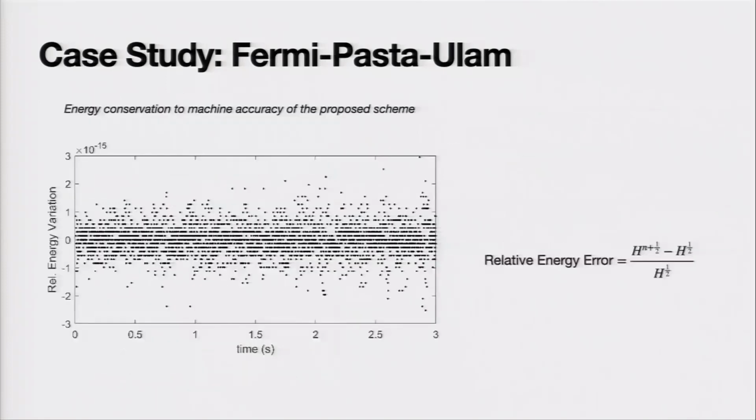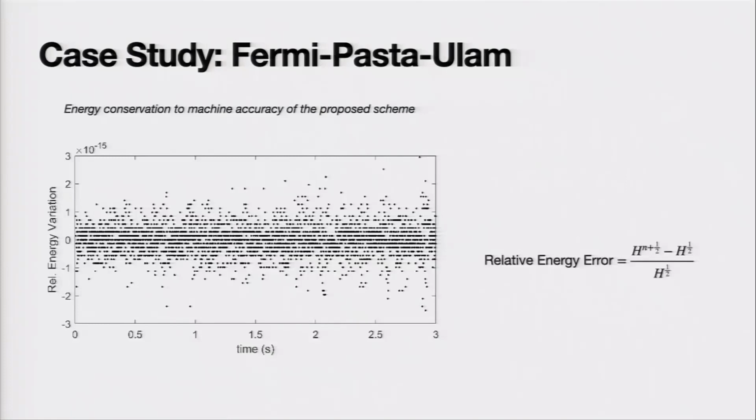And this is also a very important plot because it gives you an idea of what energy conservation is when you're using computers. This is the relative energy error, where I'm computing the value of the discrete energy at the current time step, subtracting the initial value, and then dividing everything by the initial value again.